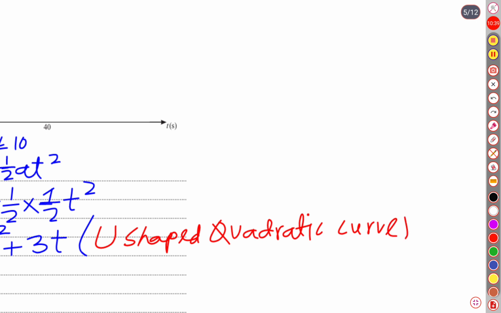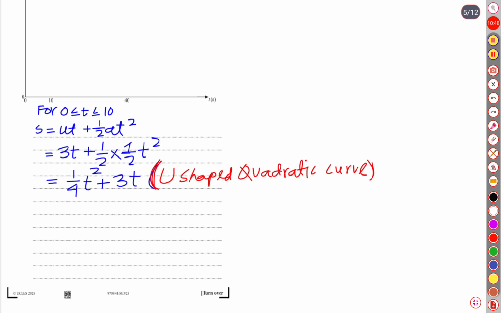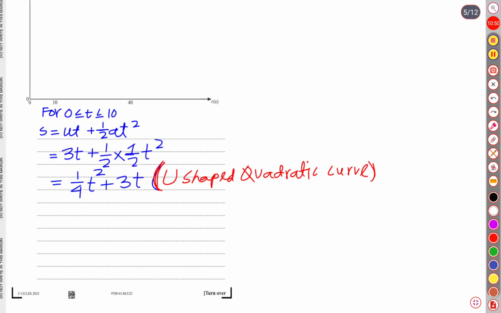So we have got the shape of the first part for the first 10 seconds. Then we also need to know the displacement.